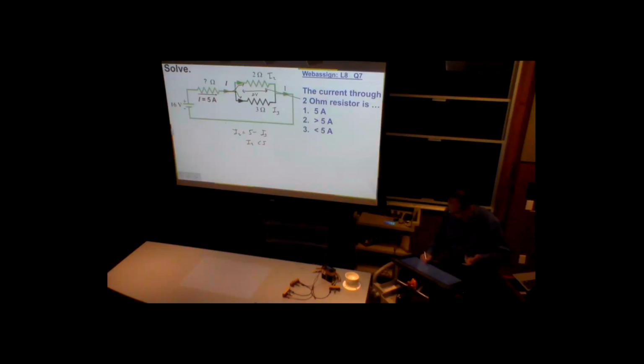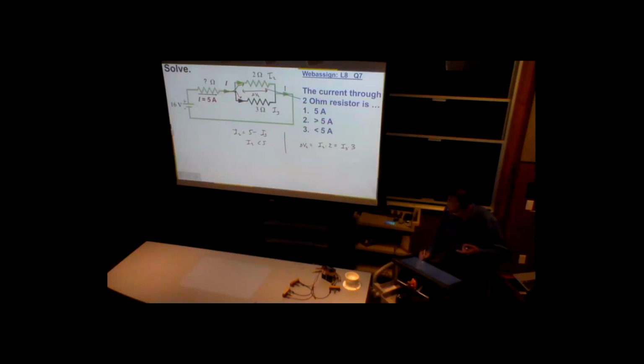And this is what I want to do. This voltage, let's call it V2 or V3, doesn't matter. On one hand, it should be equal to current number 2 times the resistance of resistor number 2. And also, it should be equal to current number 3 times the resistance.